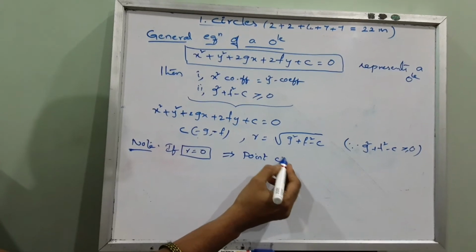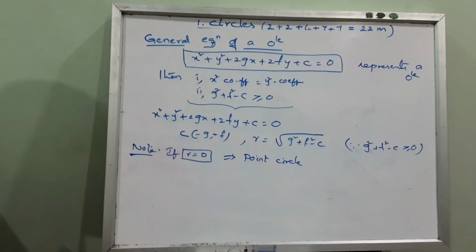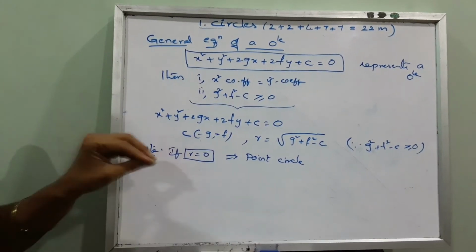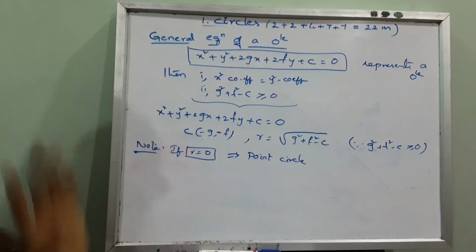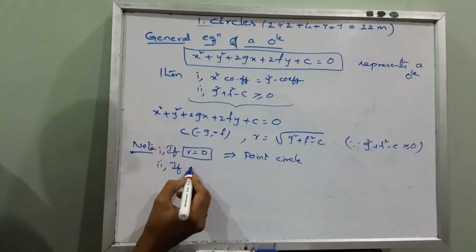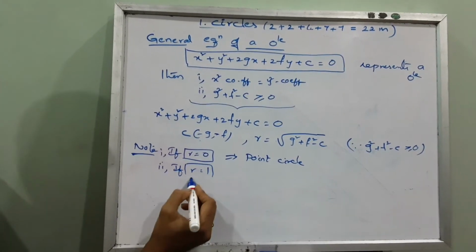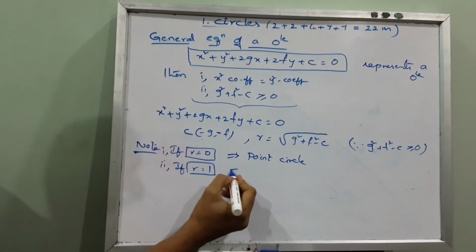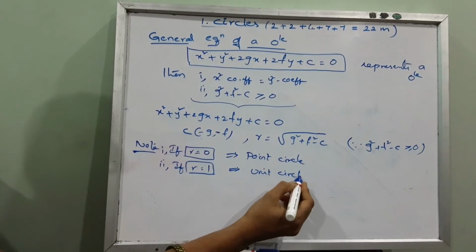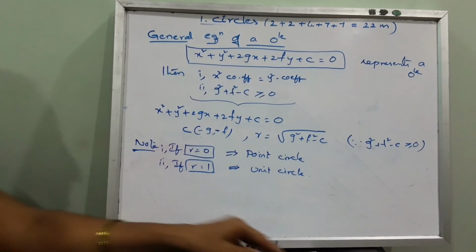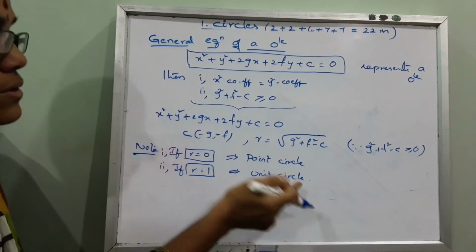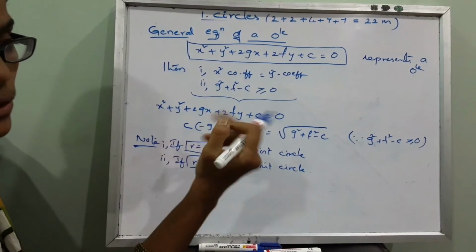Second, if the radius is equal to 1, then it is called a unit circle. Point circle means radius is 0. Unit circle means radius is equal to 1.